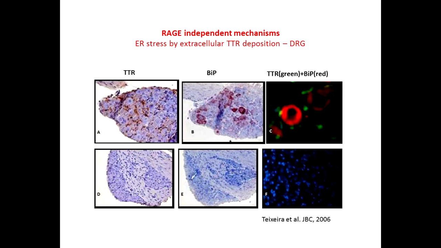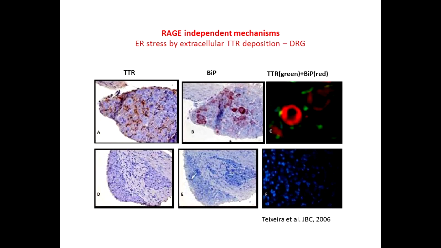And you have here a dorsal root ganglia without TTR deposition. And here, dorsal root ganglia, you see the sensitive neuron with TTR around it, extracellular. So if you have TTR deposition, BIP is activated, the concentration increases.